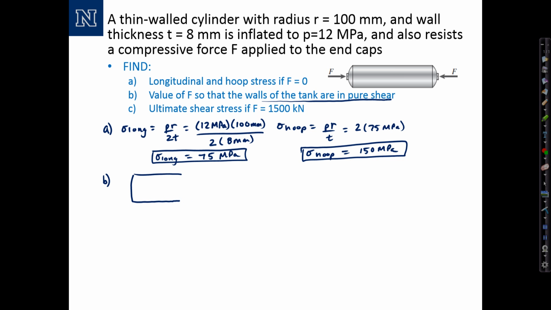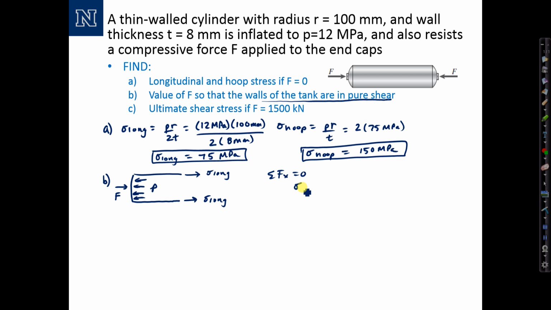So here's my free body diagram. Okay, sigma longitudinal, these are the stresses in the walls of the tank. I have the pressure acting on the walls of the tank, a P, which is going to act over the projected area, and then finally I'll add the end force. Summing forces in the longitudinal or x direction and setting them equal to 0.